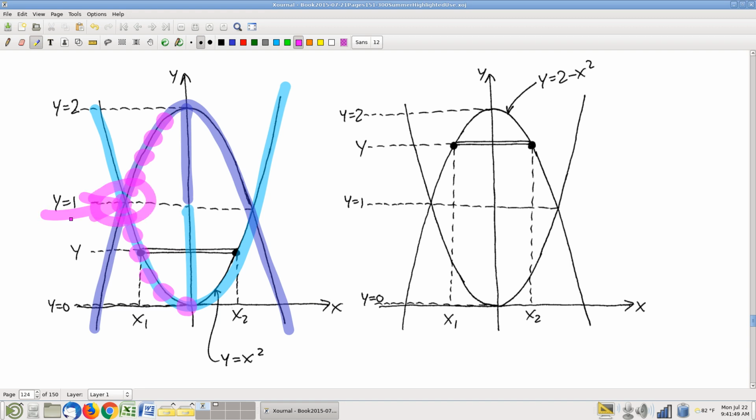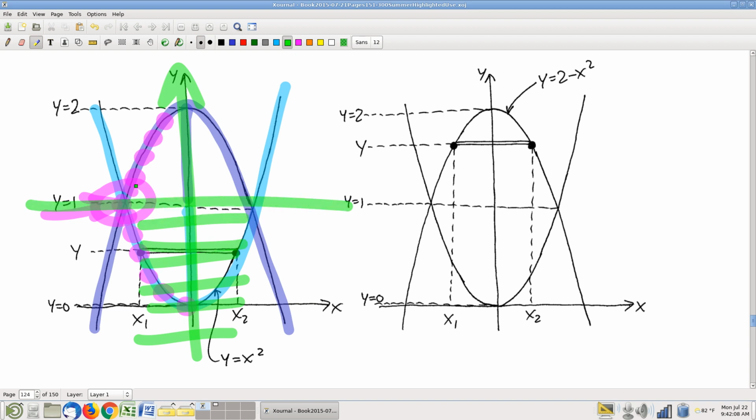And where curves intersect, I'm going to forgive the sloppiness of the language here, but I'm going to say they make a corner. Curves intersect, so there's a corner there. So, roughly speaking, when I decided that I wanted to do my y slicing first, I sliced through a corner.